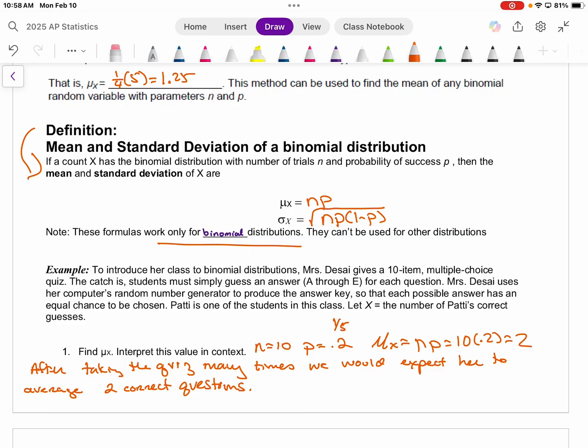Again, if Patty took this quiz multiple times, or any kid, we would expect that their average would be 2 correct.